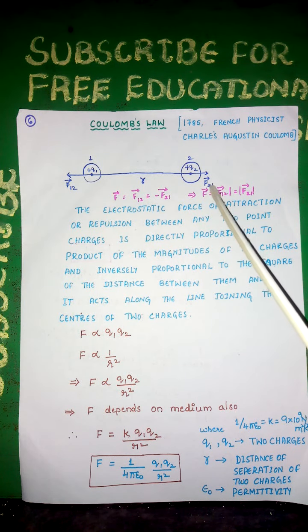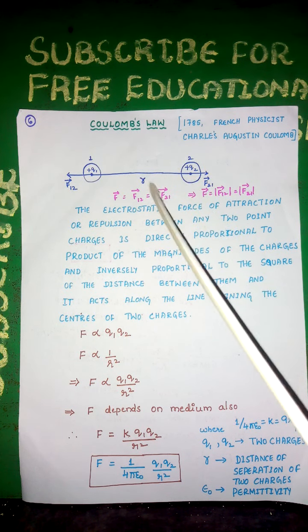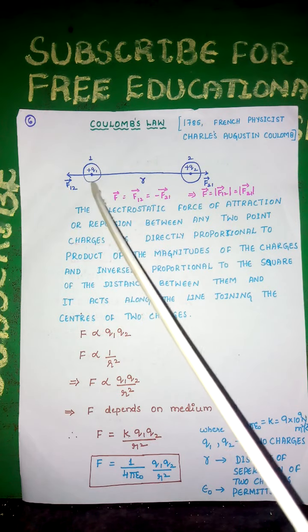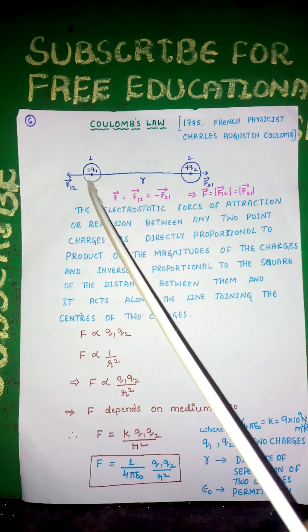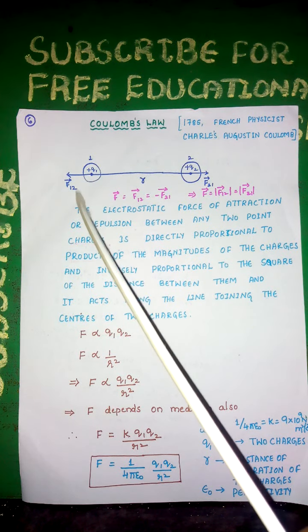F21 means the force exerted by the first body on the second, and F12 means the force exerted by the second object on the first object.